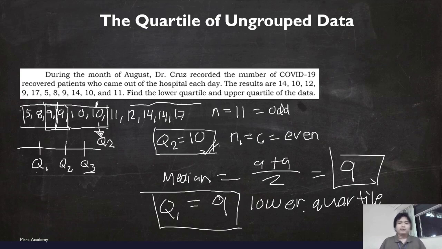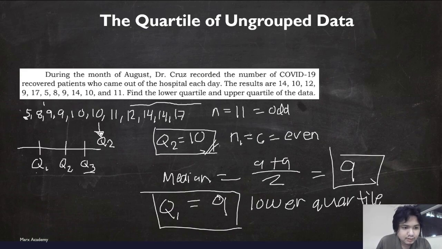Now we're going to get the upper quartile. Let me erase this to make it clean. Starting from 10 on the 6th position to the last position, which is 17: 1, 2, 3, 4, 5, 6.